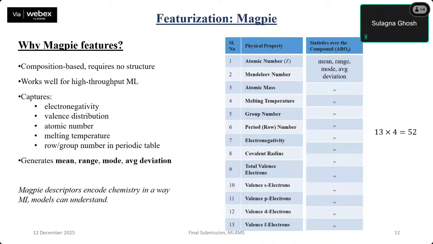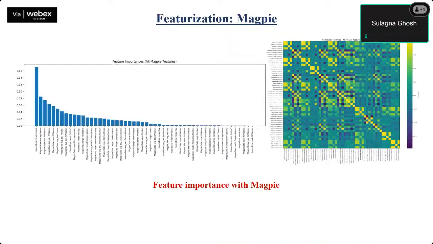It captures ionic features like electronegativity, electronic features like the number of valence electrons, and features like atomic number, the group number, etc. So we have worked with these 13 particular Magpie elements, and for each element it generates another 4 terms. Thus, we have a total of 52 features, and this is the feature importance with Magpie.